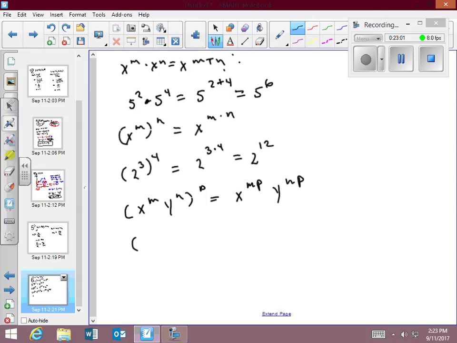So if my x base was 5, say 5 squared, and I have a different base, y, 6, with a different exponent, 6 to the 3rd, and I raise it to the 4th power, then I go 5 to the 2 times 4 and 6 to the 3 times 4, which is 5 to the 8 times 6 to the 12. That's how you apply it.